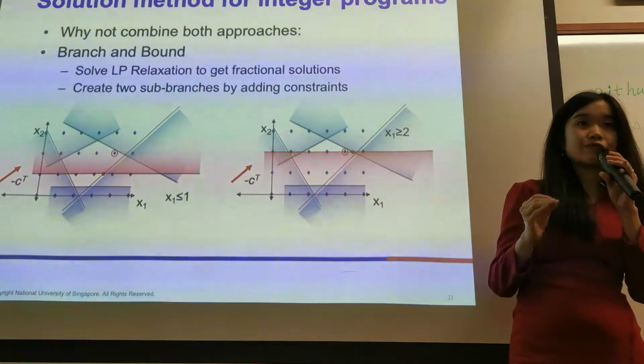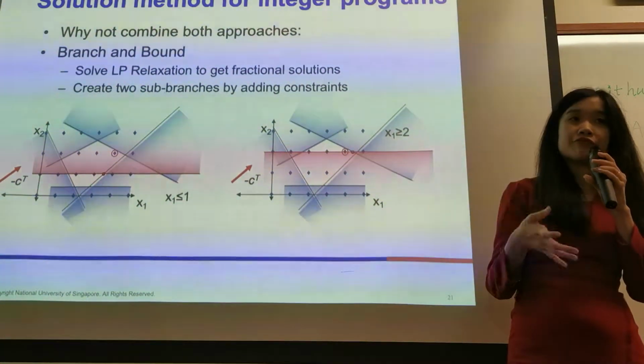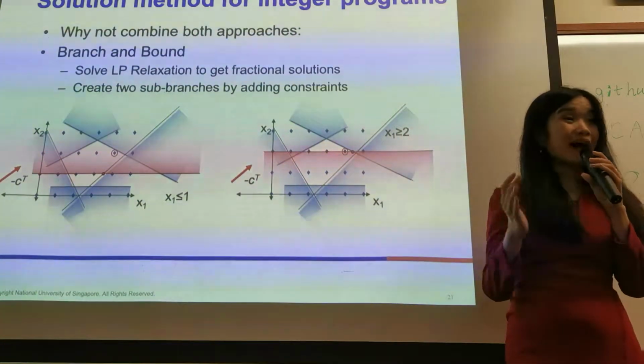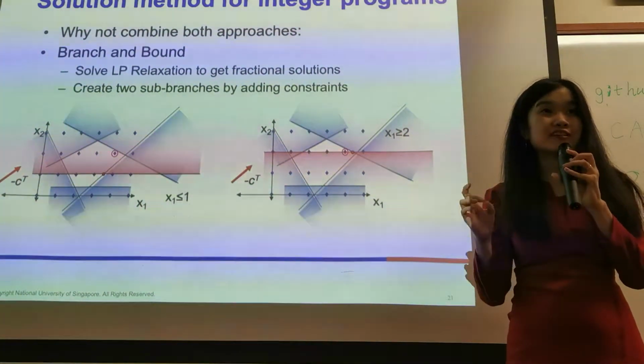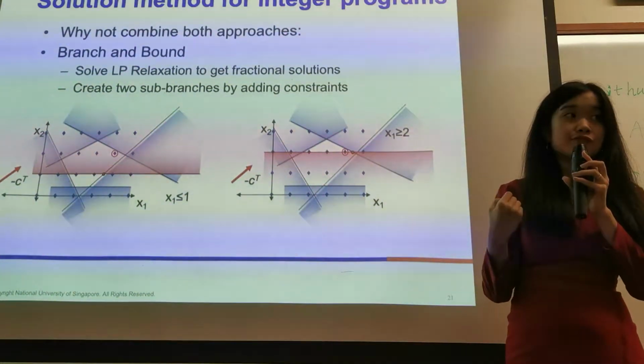We only stop if one redefined branch is infeasible. We won't go further with that because we keep adding constraints. At one point, it might become infeasible, so we will stop at that infeasible point.